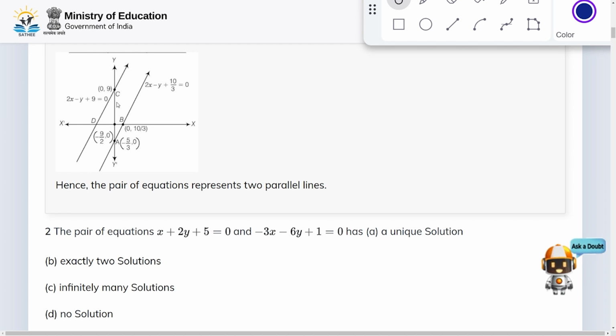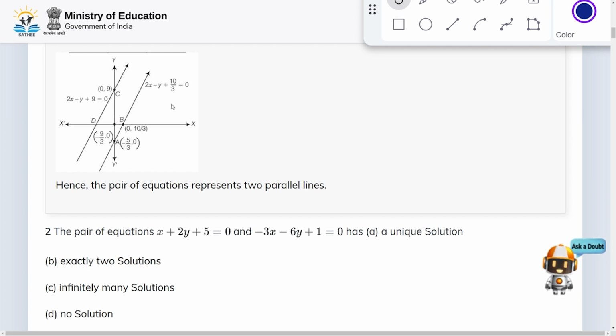So 2x minus y plus 9 is equal to 0 is represented by this line, and 2x minus y plus 10 by 3 is equal to 0 is represented by this line. Here at points C and D, this line intersects the y-axis and x-axis respectively.